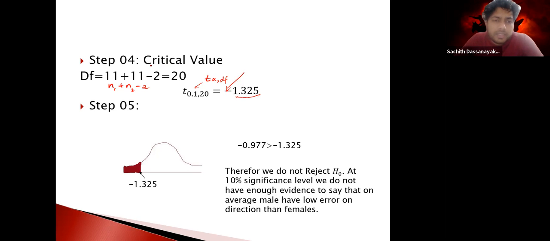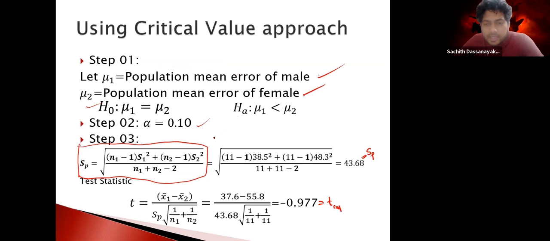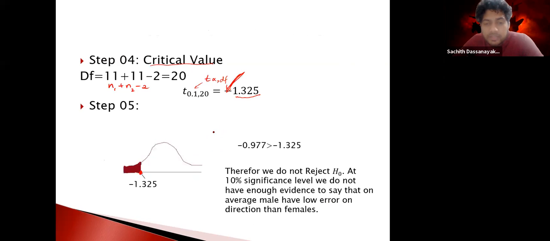This is the critical value approach. Since it is a left tail test, you have to get the negative sign here, so your value is somewhere here. What is the tcal? Tcal is negative 0.977.